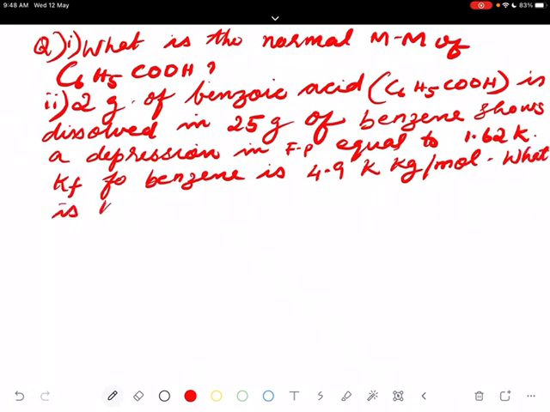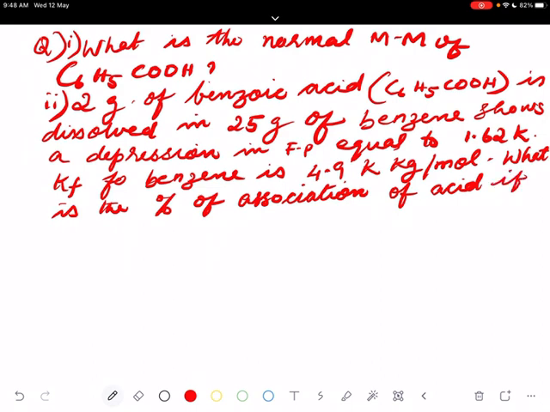What is the percentage of association of acid, if it forms a dimer?